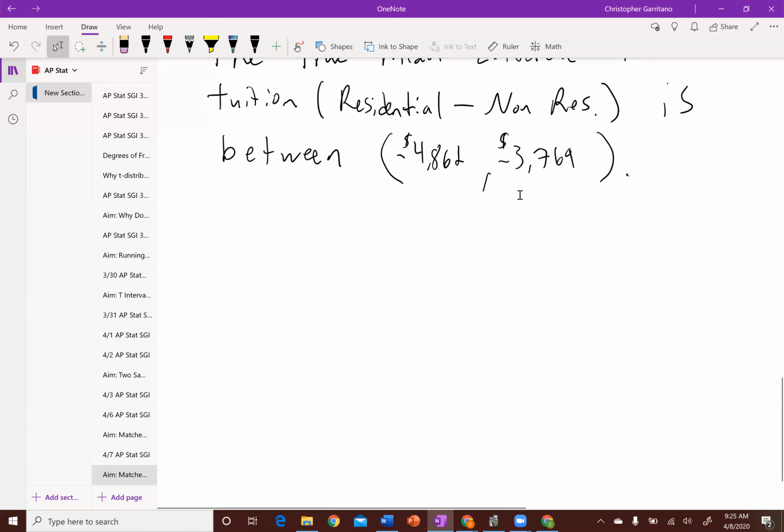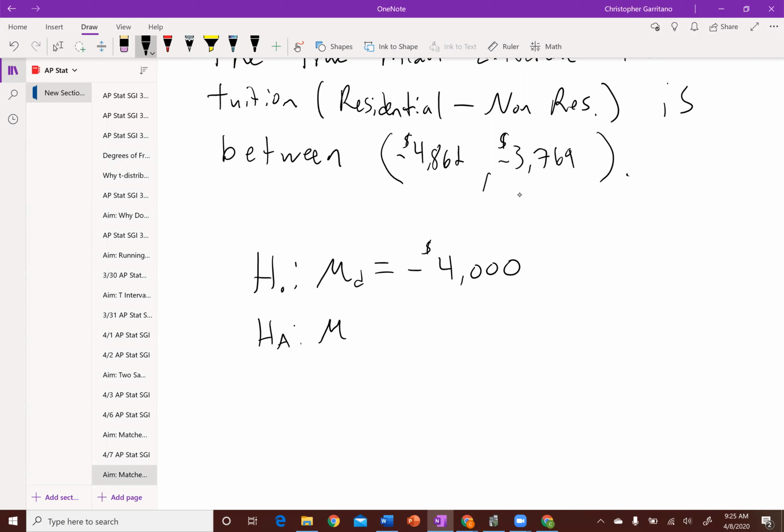So if I were to take the same exact data and test the following hypotheses, that mu of D was negative $4,000, and then the alternative, that mu of D was not equal to negative $4,000, we would end up failing to reject H null.